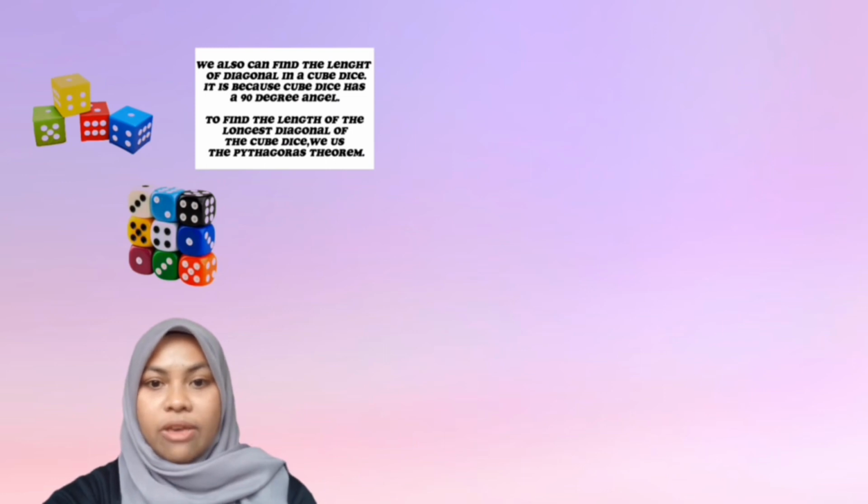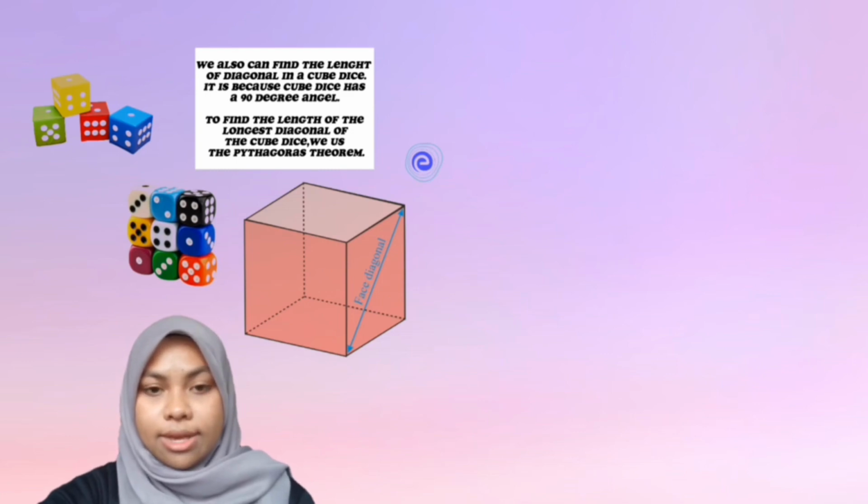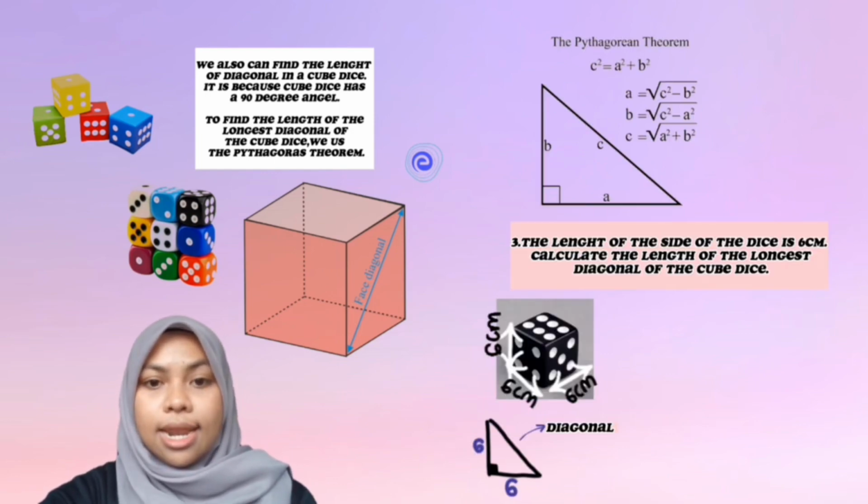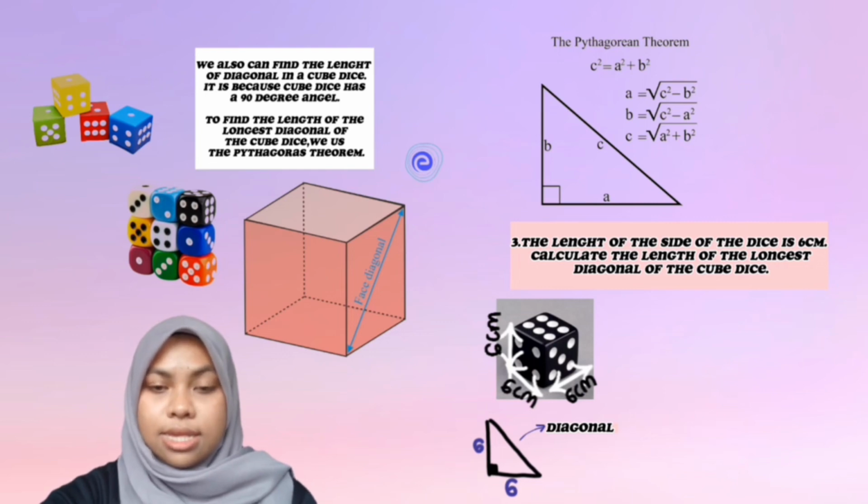We also can find the length of the diagonal in a cube dice. It is because a cube dice has 90 degree angles. To find the length of the longest diagonal of the cube dice, we use the Pythagoras theorem. So the question is, the length of the side of the dice is 6 cm. Calculate the length of the longest diagonal of the cube dice.